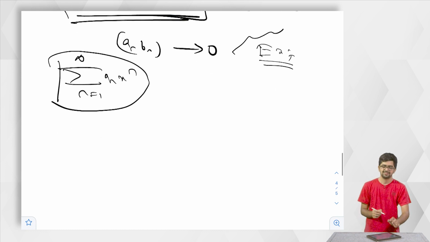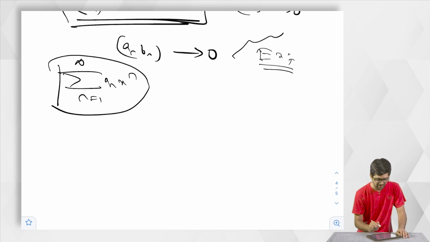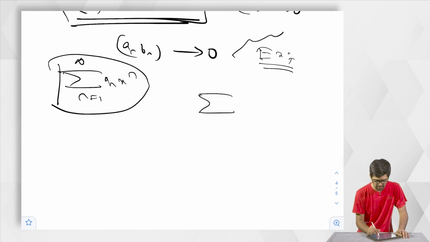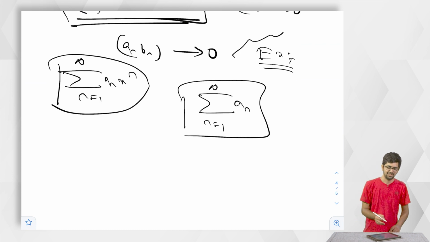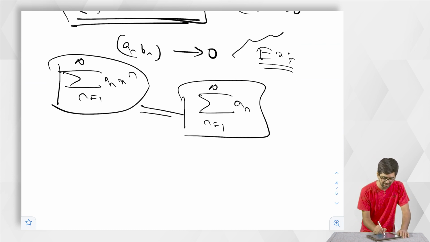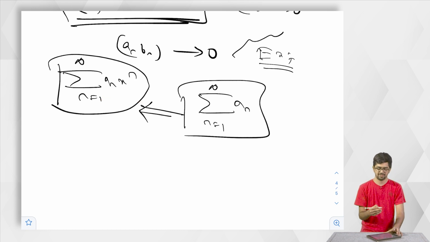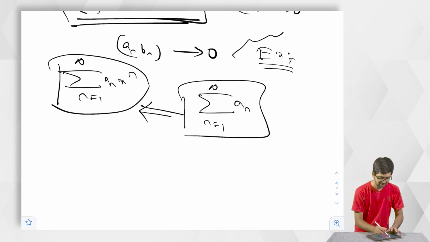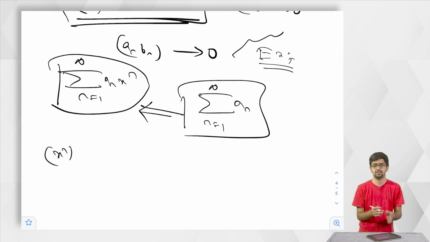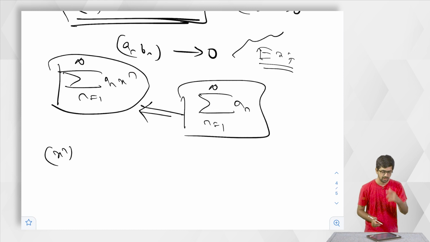See, all we are trying to do is the following. We start with summation an, this series, which most likely should be convergent, and then we are trying to see whether summation an x power n is convergent or not. As I said in the first observation, it is necessary that this sequence is bounded. Convergence is maybe too much to ask, it is bounded.